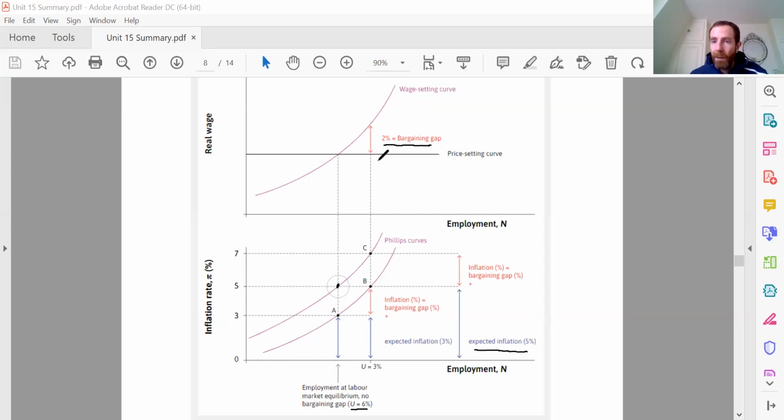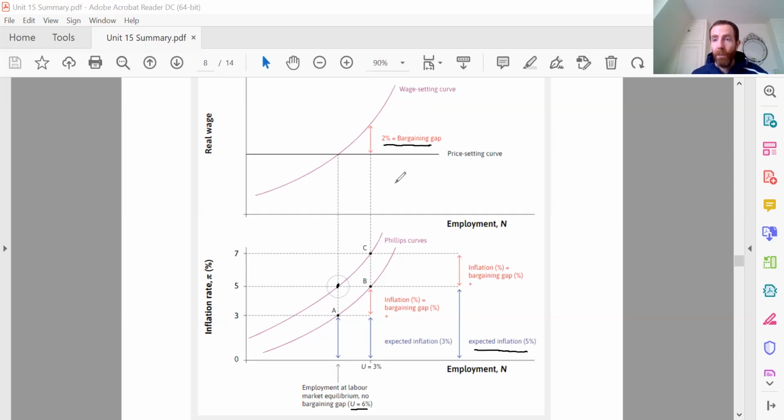But this bargaining gap still exists. And so what are workers going to demand? They're going to demand an increase equal to their expected inflation and the bargaining gap, which is 5% plus 2%. So they're going to expect a nominal wage increase of 7%.